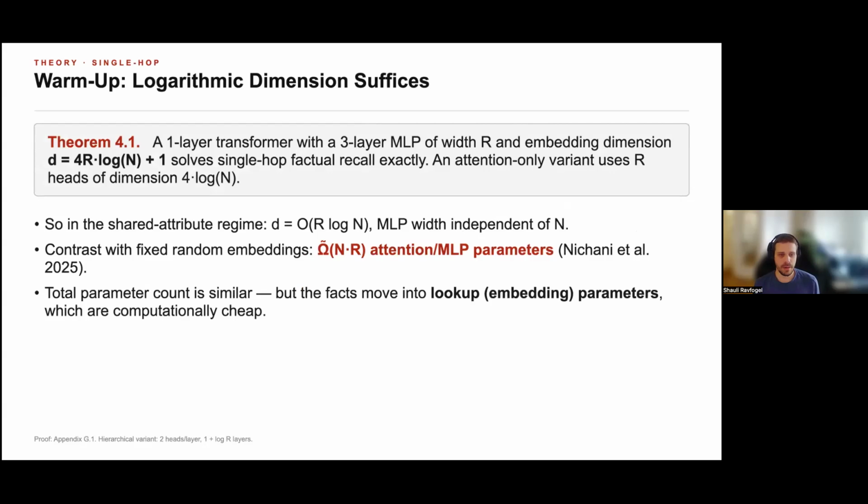Okay, so now I'm going to start with covering the theoretical findings. The basic finding, if we focus at first on the single op case, so K equals 1, where we just have a single relation, is that a one-layer transformer with a relatively small MLP, whose width is just R, so it doesn't depend linearly but only logarithmically on the number of entities n, is enough to store n entities and R relations.